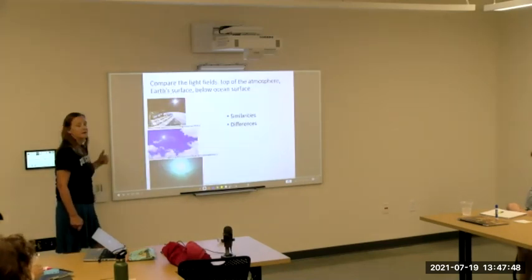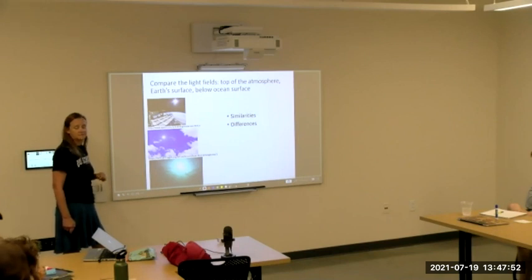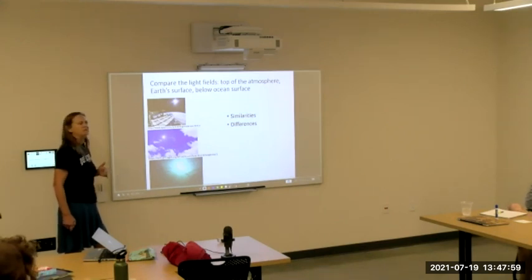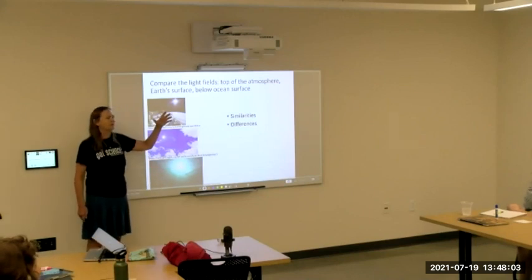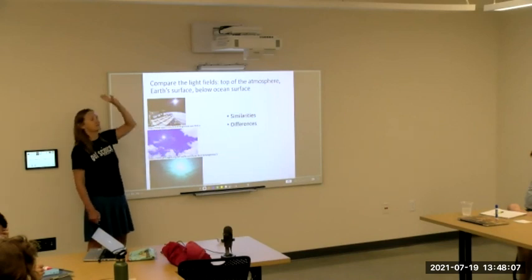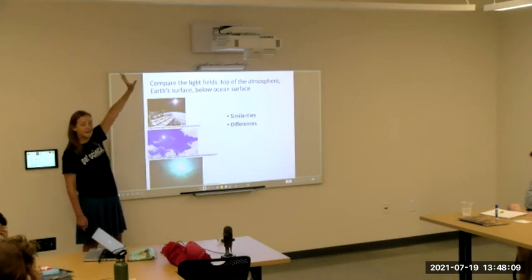Okay, now we're in the ocean. Can you find the solar disk? Sort of. It depends on how deep you are, right? How many people have gone snorkeling or diving and just let yourself fall backwards and watch the sun go away? If you've not done that, it's awesome.